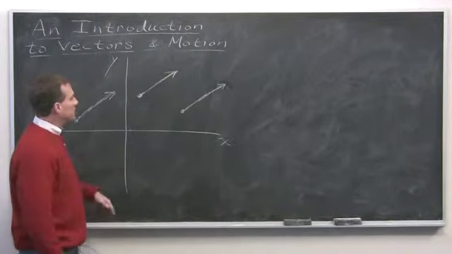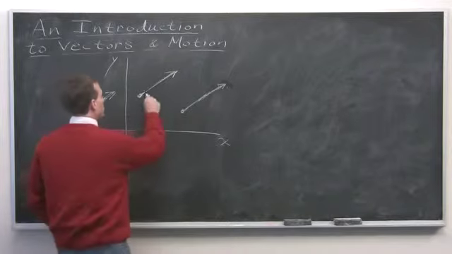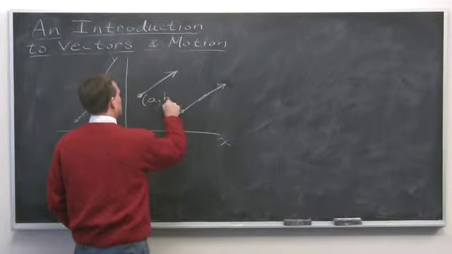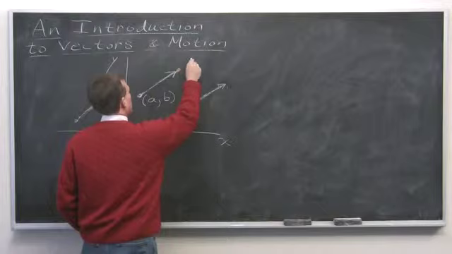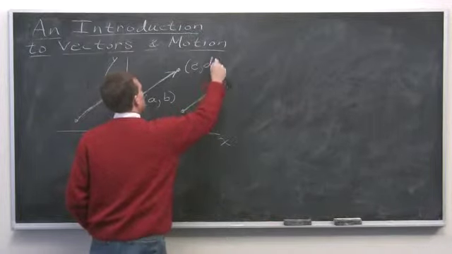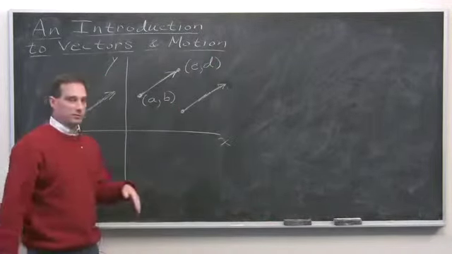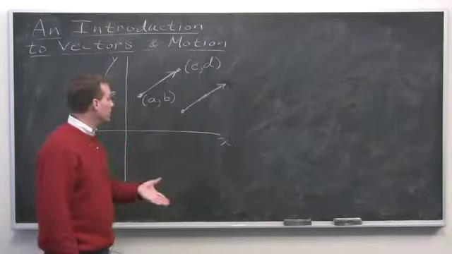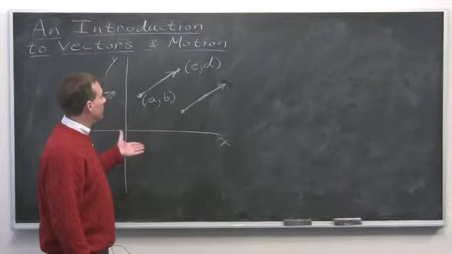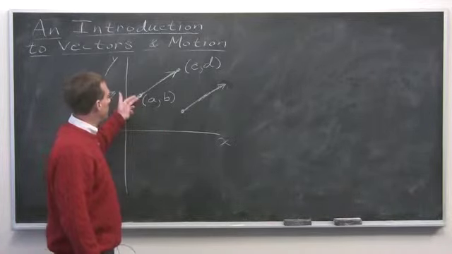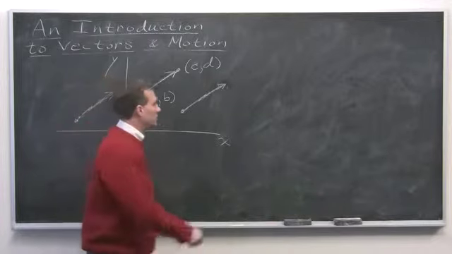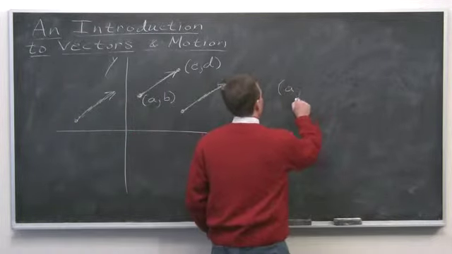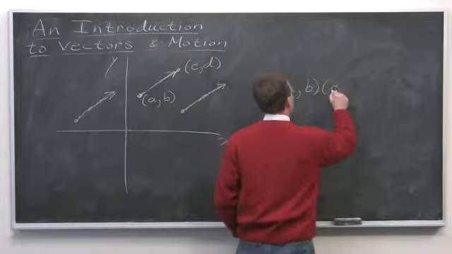Part of what this means is that if you start with a vector that starts at (A, B) and goes to a point (C, D), you have an arrow. It represents a vector, and the arrow starts at (A, B) and goes to (C, D).